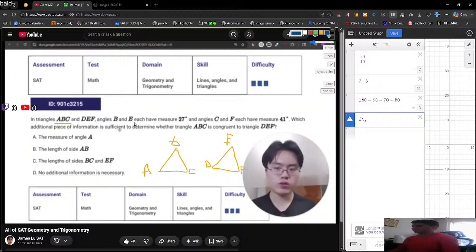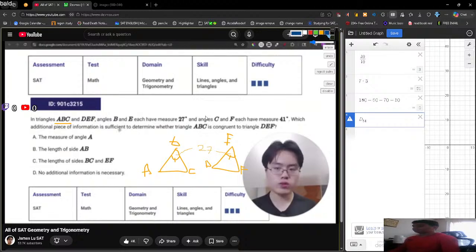Angle B and E each have measure 27. Let's put a line to tell ourselves they're both the same. How am I gonna write 27? You know what? Got an idea. Yeah, 27.